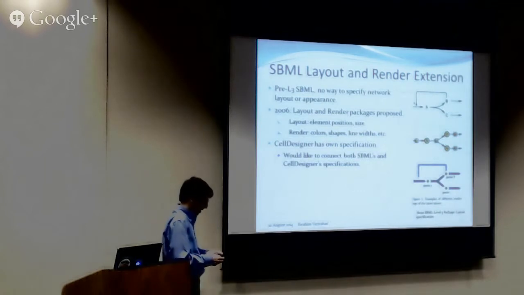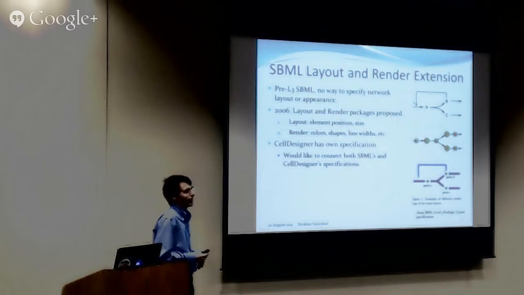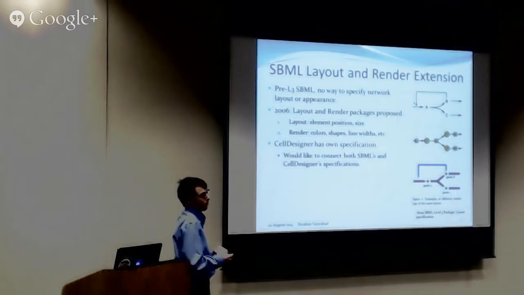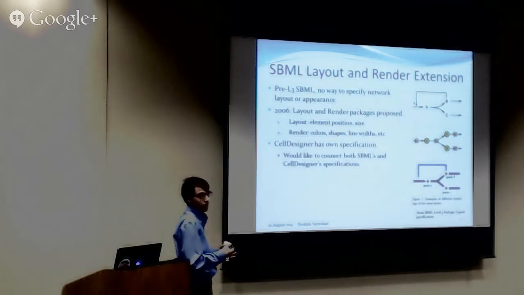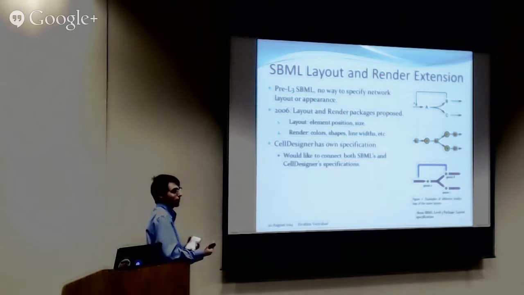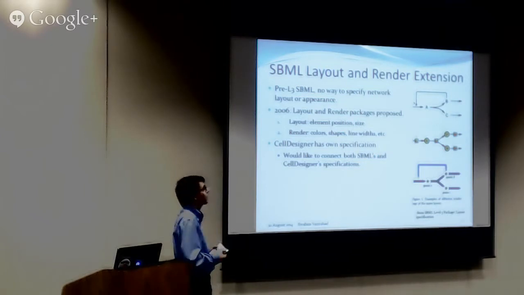One other aspect of this project, which I think warrants a mention, is the SBML layout and render extensions. Before level 3 of SBML was released, there was no standardized way to specify how a biochemical network would be laid out, or how it should be rendered or appear.